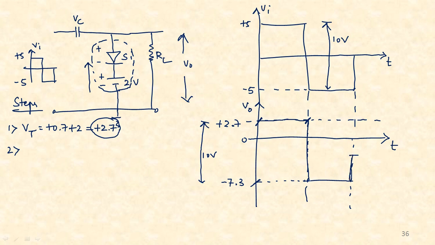So this is the shortcut method just to cross verify whether the shape of the output waveform that you have got for a clamper circuit is correct or not. But please be aware that in your exams you are not supposed to do it in this way. You have to apply KVL and then solve.